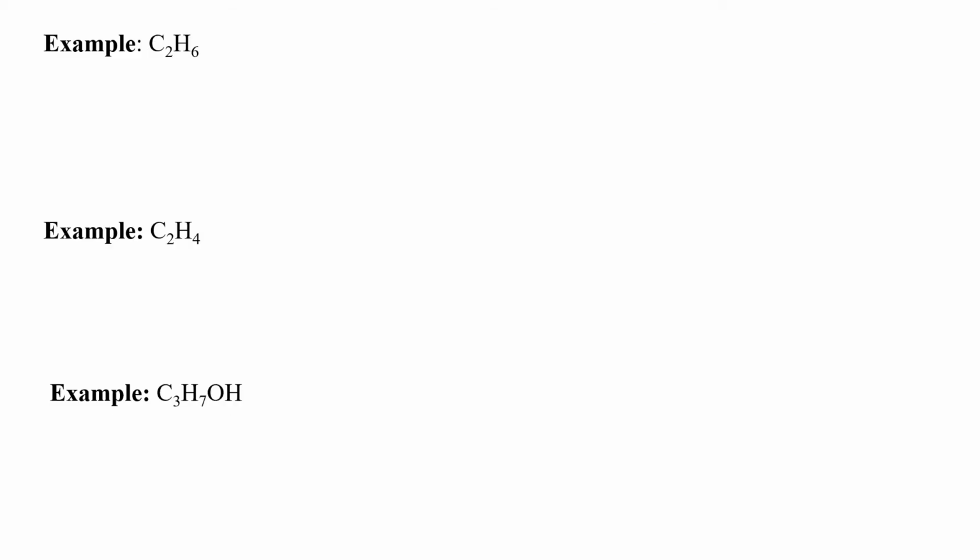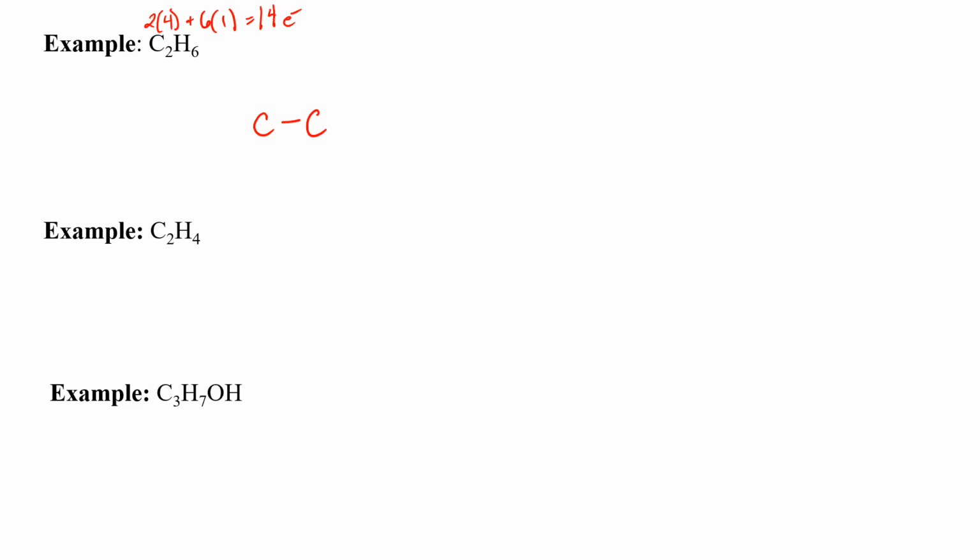Let's look at C2H6. Let's sum up the valence electrons. We have 2 carbons, so 2 times 4 plus 6 times 1. So that equals 14 electrons. All right, we're going to form a carbon conga line. Put all your carbons together.